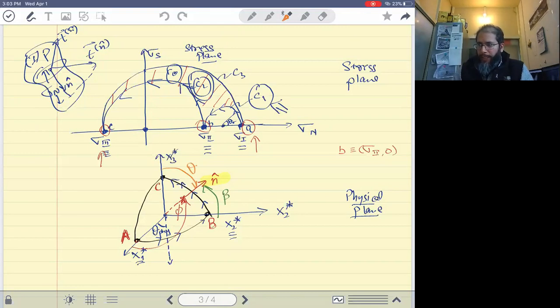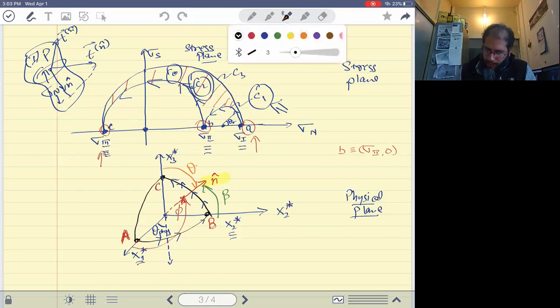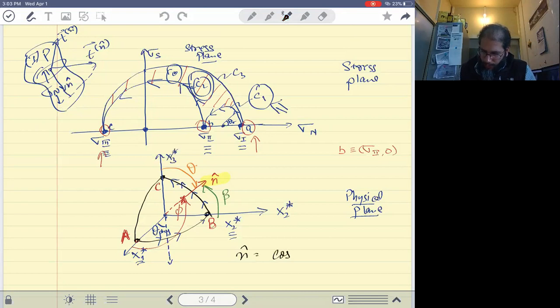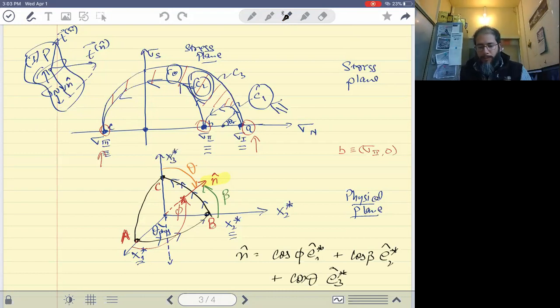So I can write my n hat vector as cos phi e1 star, and so on, up to cos theta e3 star.